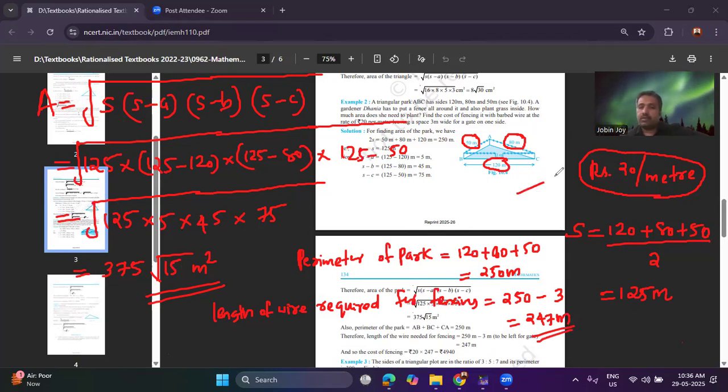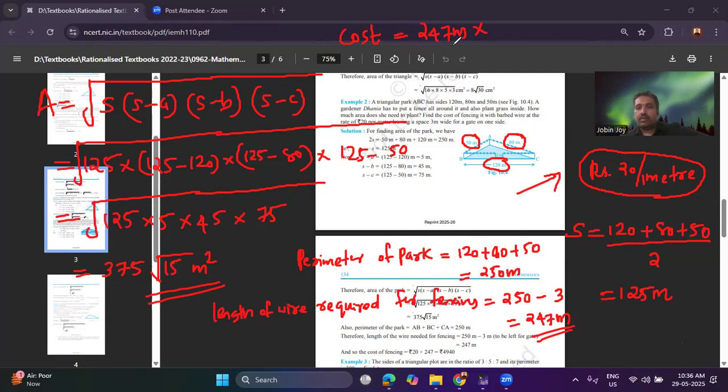And we know the cost of wire per meter is rupees 20 per meter. So what is the cost? We need 247 meters of wire, into the cost of wire per 1 meter, which is 20.